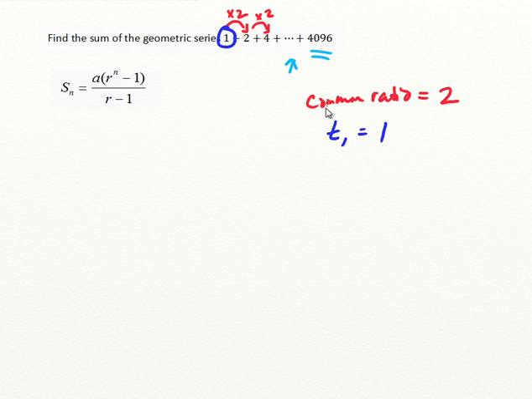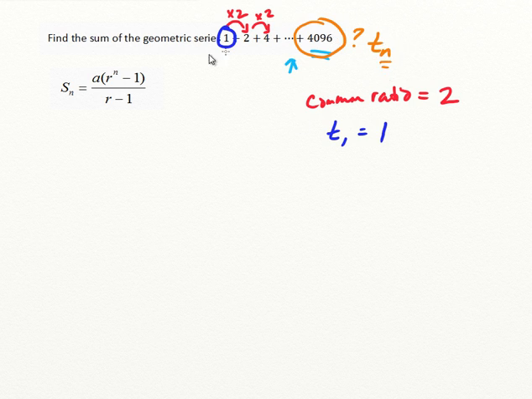Okay, so how do we come up with the sum of this series when we don't know the n value? That is, I don't know what term 4096 is. I know it's the last term, I know it's tn, but I don't know exactly what the value of n is.